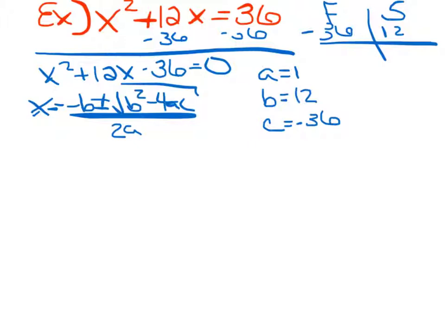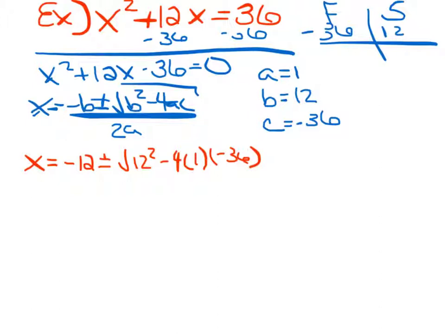So I'm going to plug each of those into my quadratic formula, and I get x equals -b plus or minus the square root of b squared minus 4 times a times c all over 2 times a.